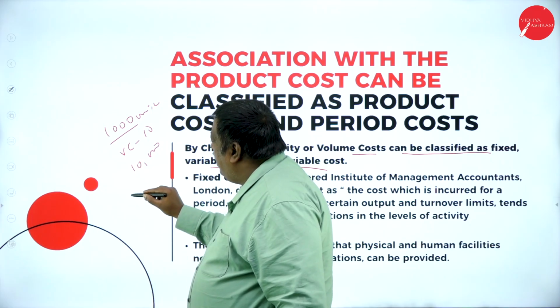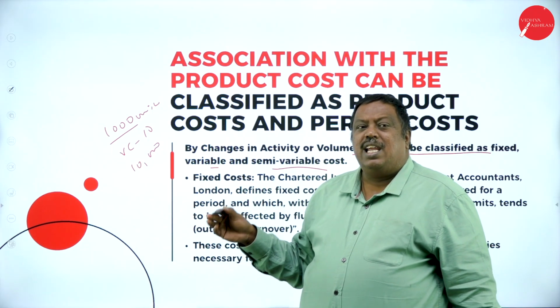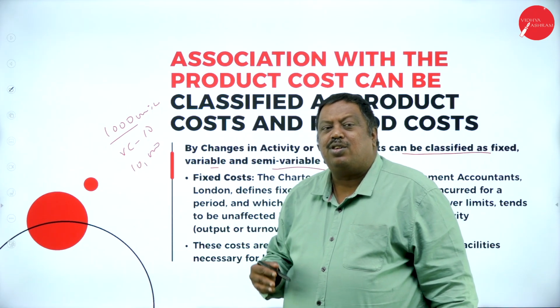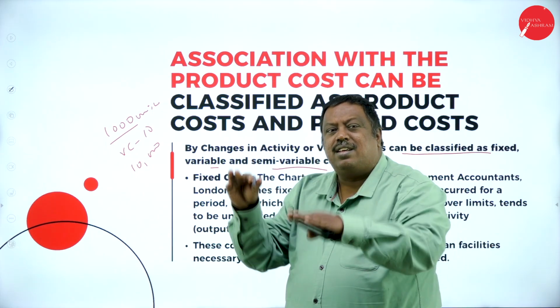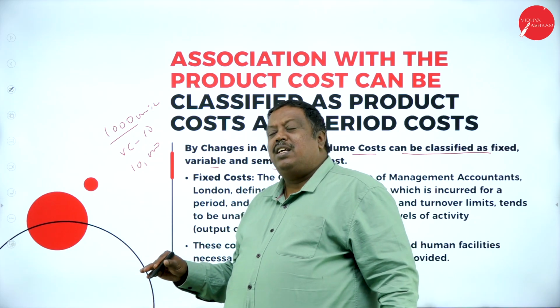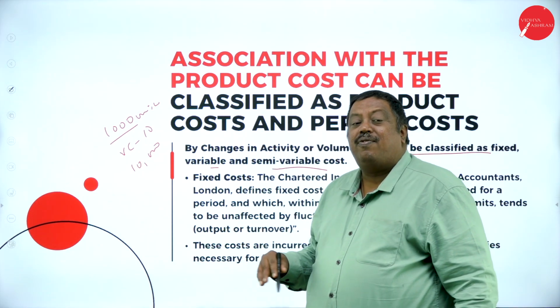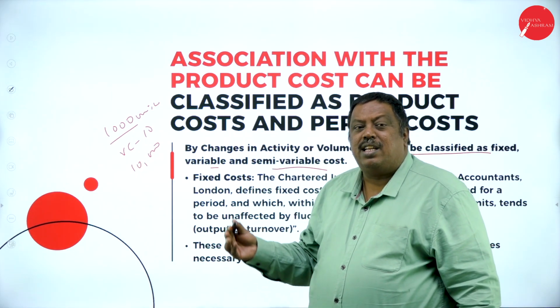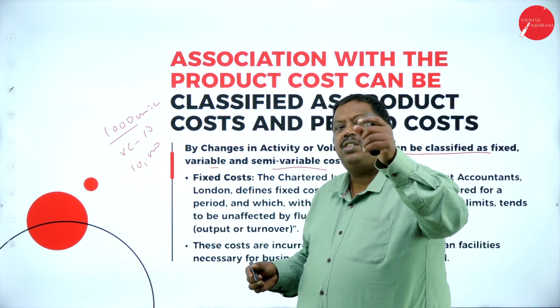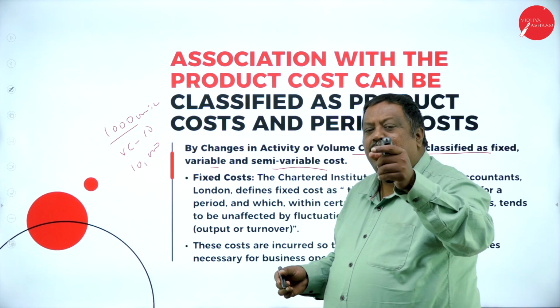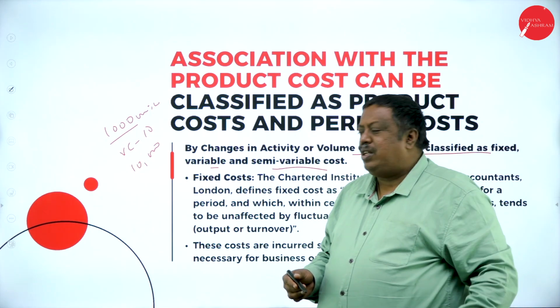If I produce 900, it is going to be 9,000. If I produce 11,000, it is going to be 10 into 11,000, 1 lakh 10 thousand. So the variation is here. That is why it's called variable cost, the cost which fluctuates based on the number of output. Semi-variable has small changes in my fixed and variable. That is my semi-variable cost here.